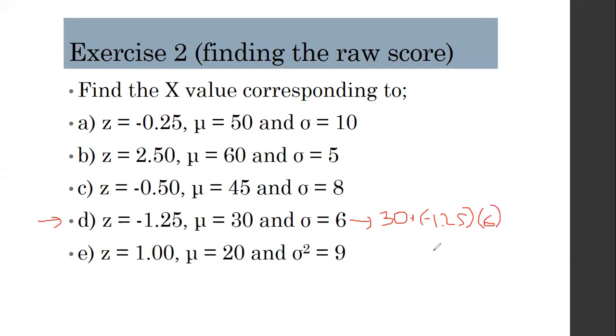Bonolo is struggling with connectivity, but it's fine. We are recording. So minus 1.25 times 6 gives us 30 minus 7.5, and that will give us 22.5. Yes, thank you so much.